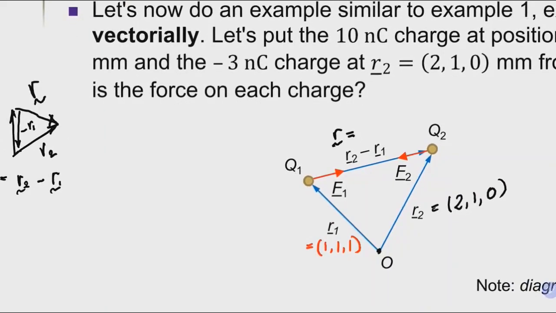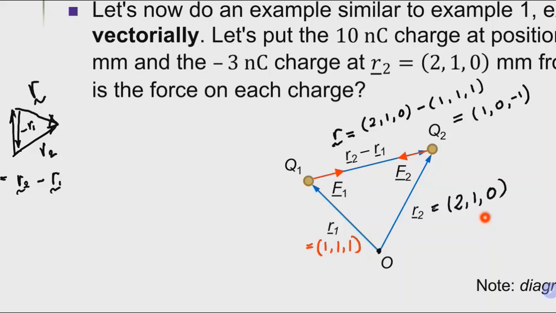Okay, so you can put in the values 2, 1, 0 minus 1, 1, 1, and this gives you 1, 0, minus 1.